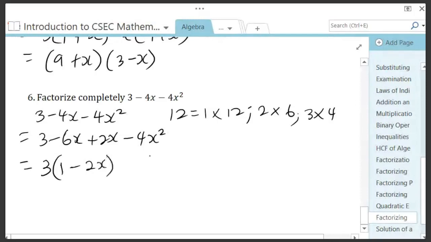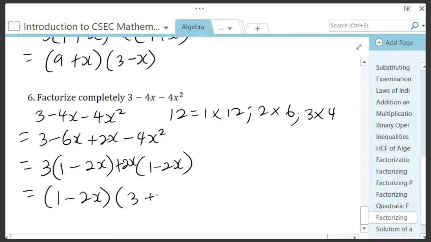I'm going to repeat the brackets here, 1 minus 2x. 2x divided by 1 here is positive 2x. Notice here that 2x multiplied by minus 2x will give me minus 4x squared. Factorizing all the brackets here, 1 minus 2x. This is 3 plus 2x. How many of y'all got that?